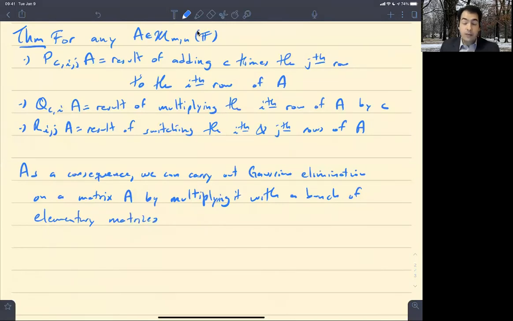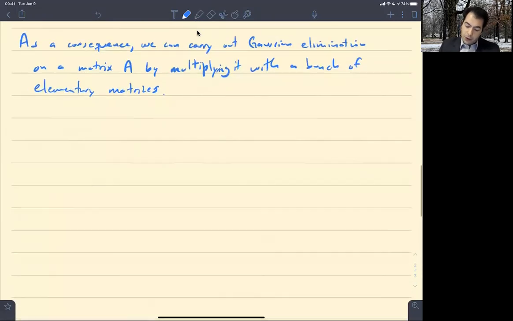Because we can carry out each individual row operation by multiplying with an elementary matrix. Although that's pretty obvious, it's really useful. So let's go ahead and state it formally as a theorem.